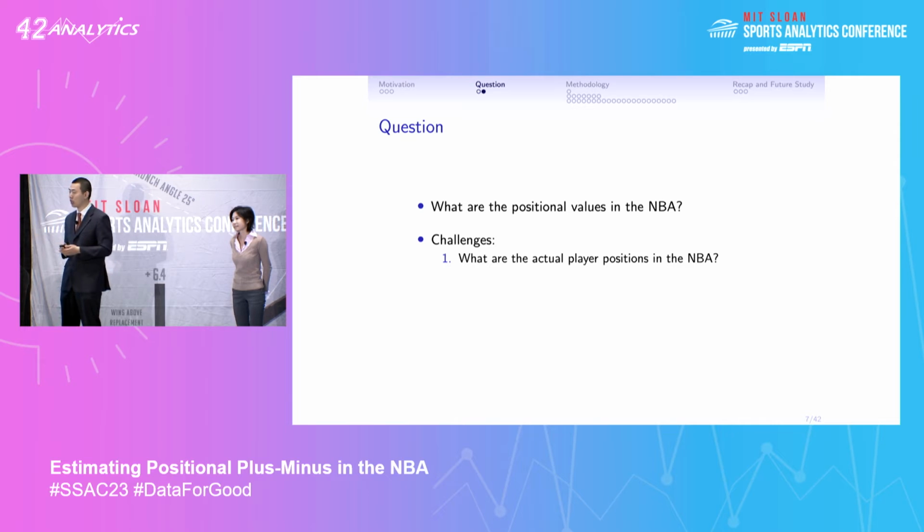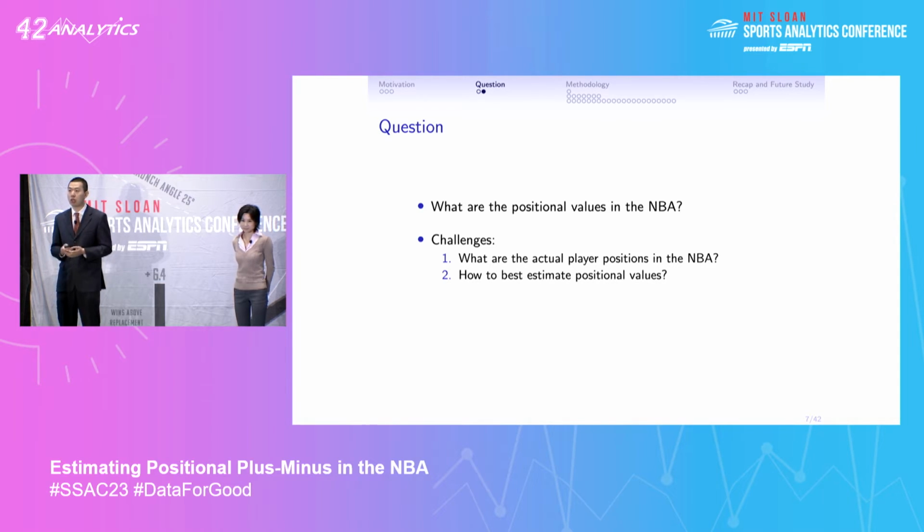That's why in our study, we decided to redefine some offensive positions and defensive positions first. The second challenge will be how to best estimate position values. There are so many different statistics in basketball. Which one should we pick to quantify those positional values?